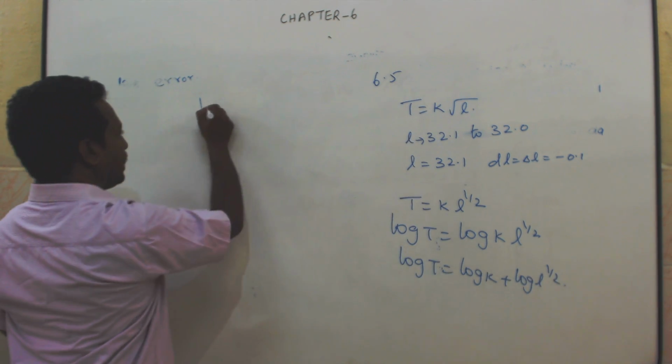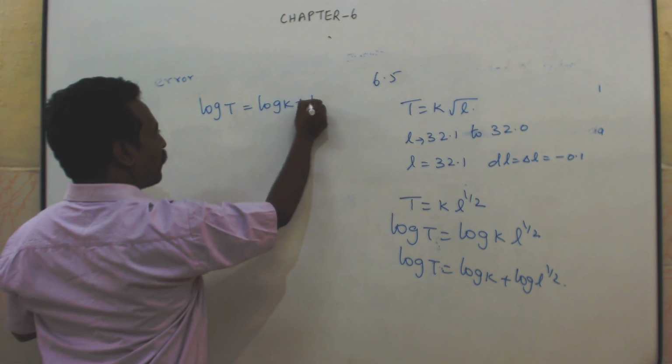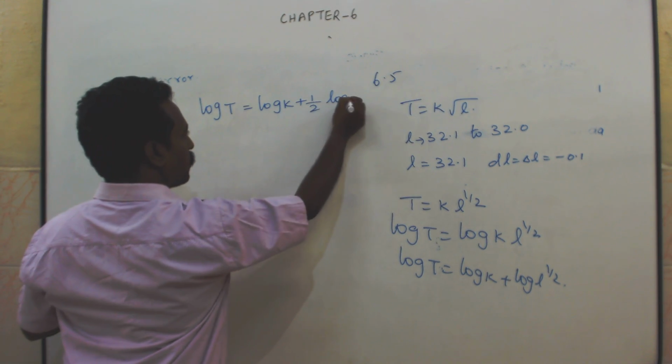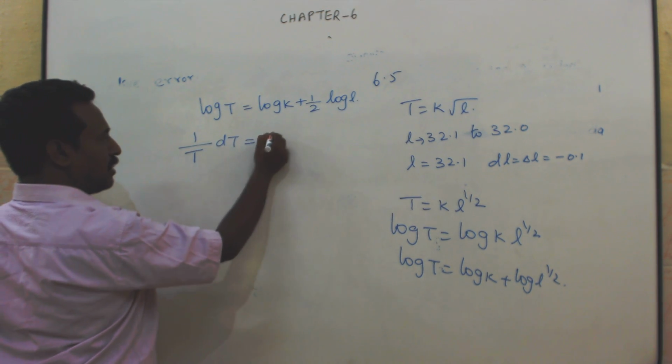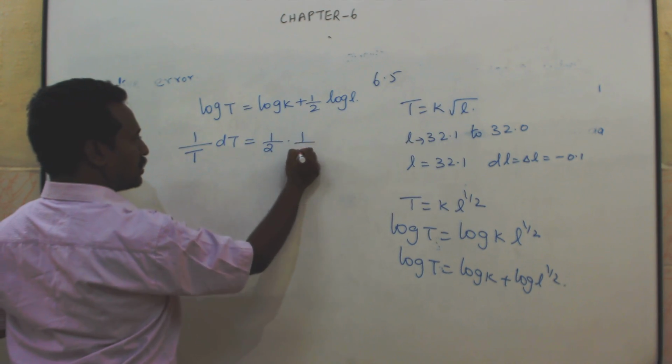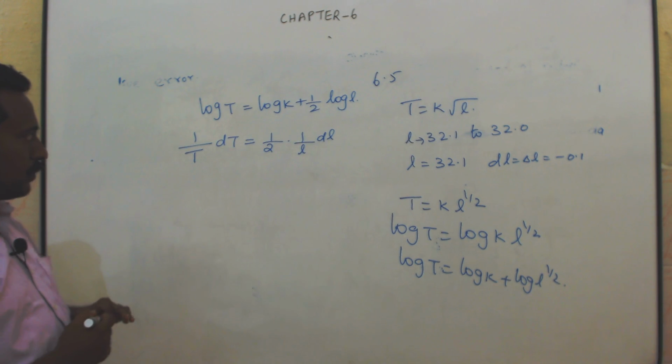So, log T is equal to log k plus half log L. Now, differentiate: 1 by T, differentiation of T is dt; half log L gives 1 by 2 into 1 by L dl. Here log k is constant, differentiation is 0.